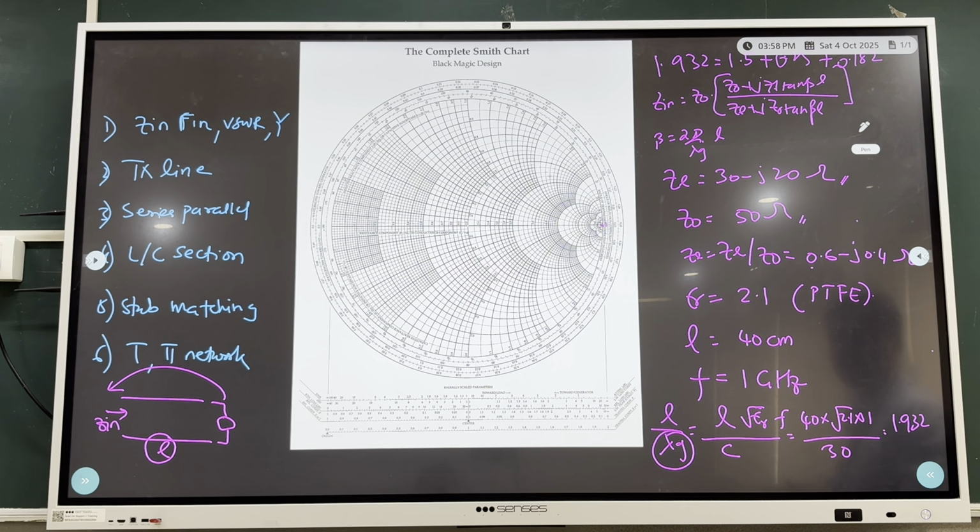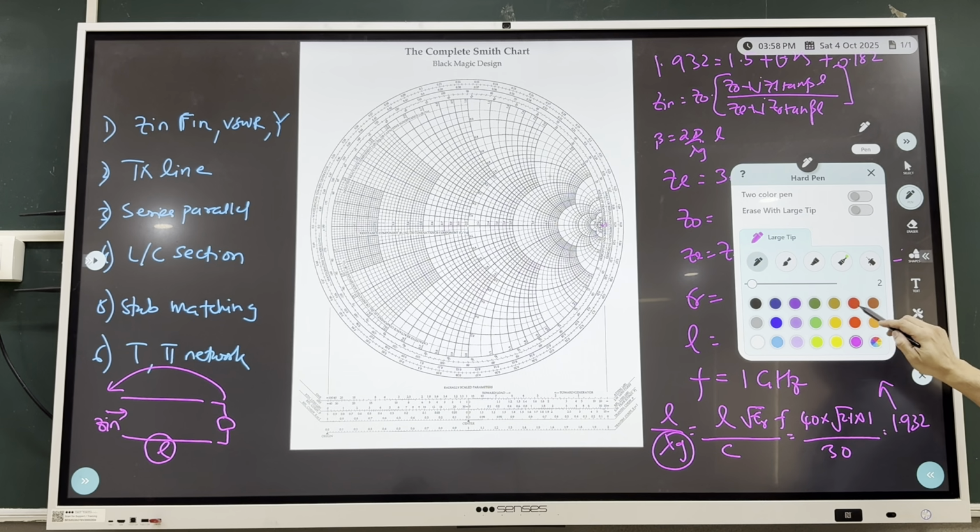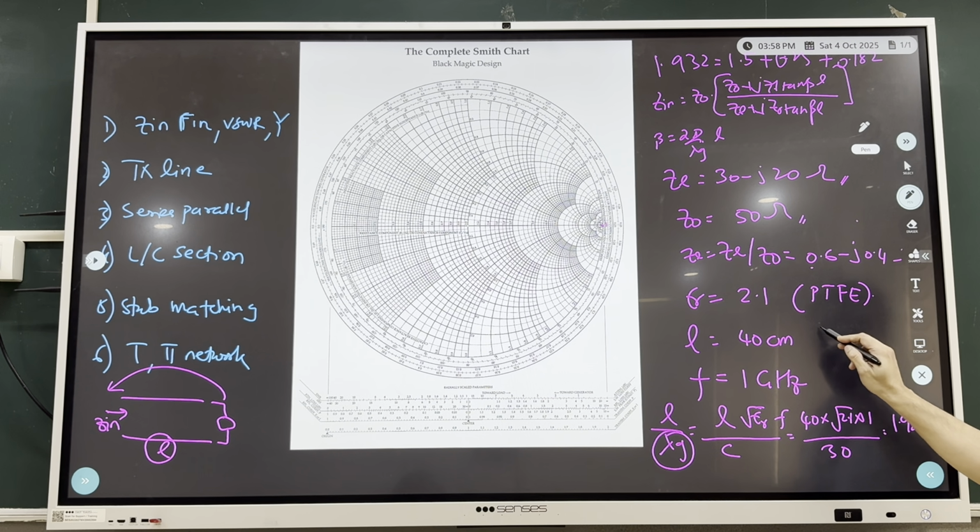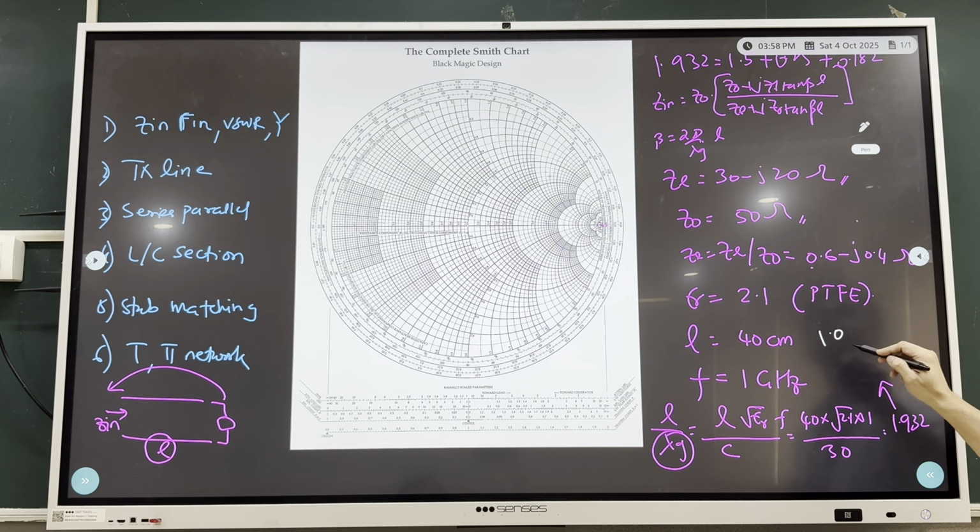Now this 1.932, I can split in a more appropriate way. I'll explain the reason why I am splitting it like this. I can write 1.932 as 1.5 plus 0.25 plus 0.182.